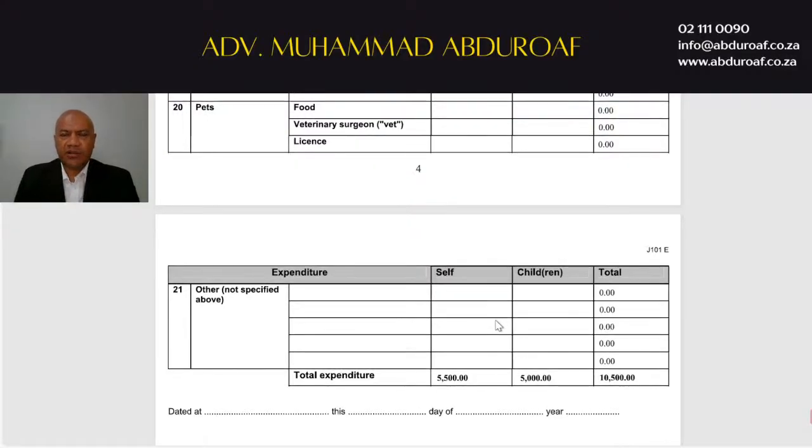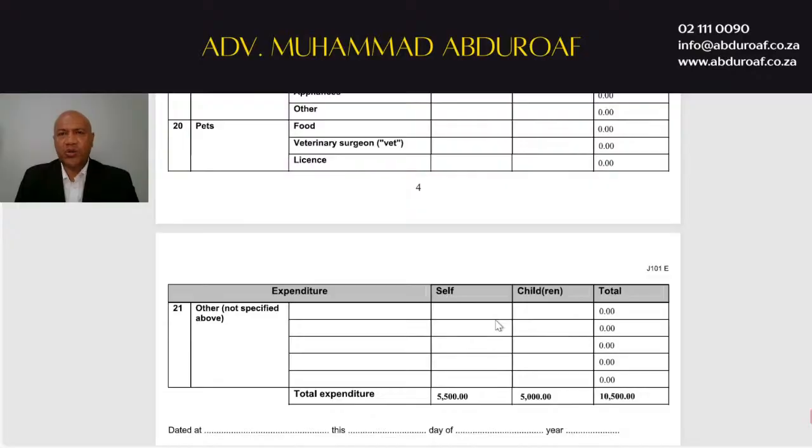If there are expenses which you are not incurring but which you wish to incur and you are including them in this form, make a note next to it and say "not incurring, however require." In that specific manner, the court and the other side will know that you require those expenses but you're not paying for them, because you are completing this form in affidavit format.